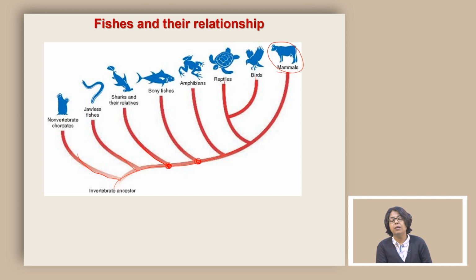This is very important, and we draw conclusions from the fossil record. What it tells us is that all kinds of fishes must have branched out before the branching out of amphibians, reptiles, birds and mammals.